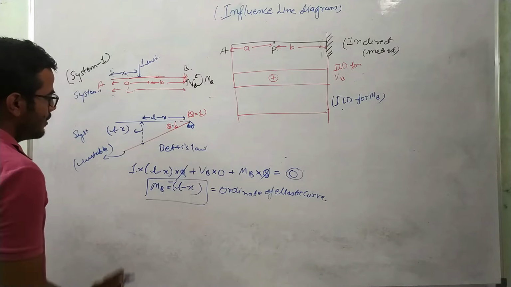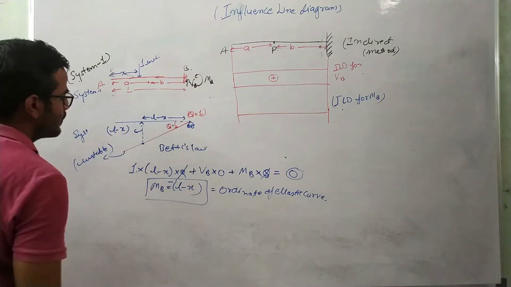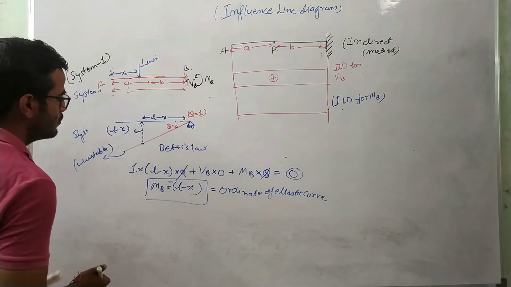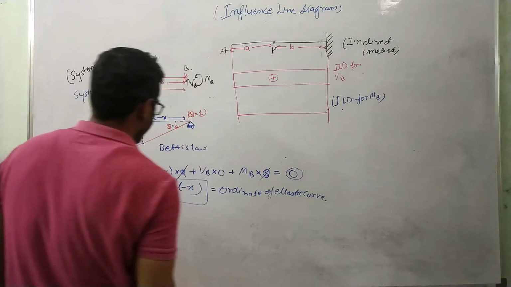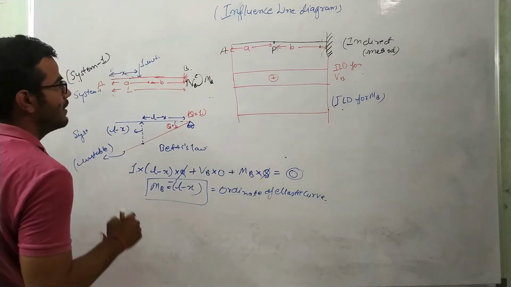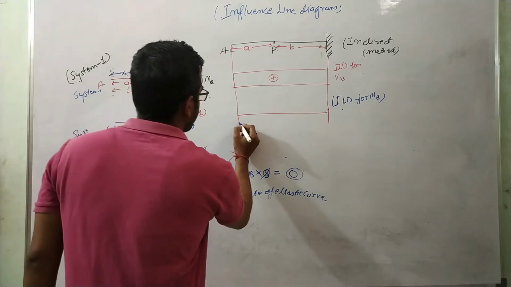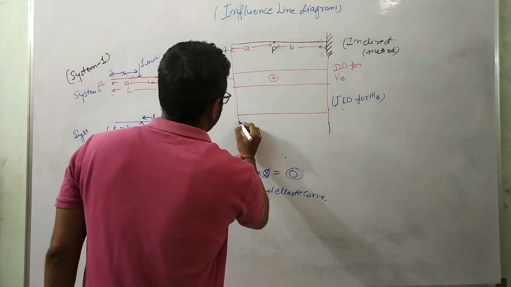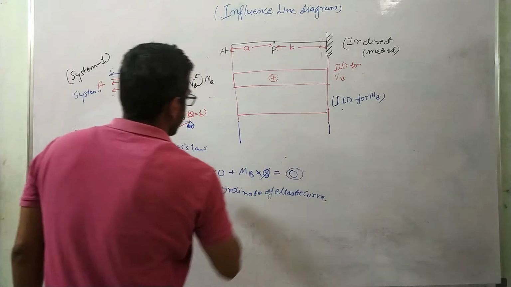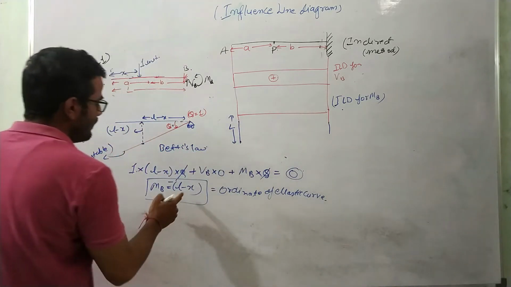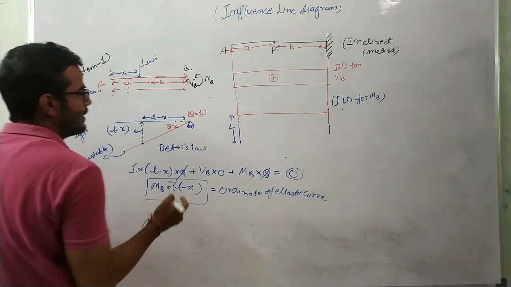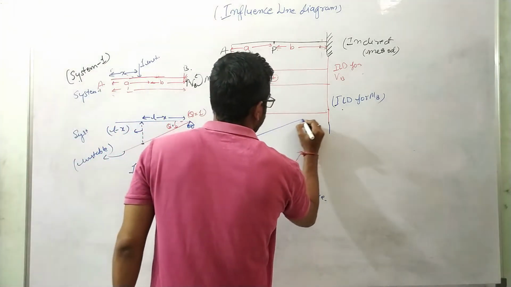So you can see that when x equals 0, what will be the value of MB? MB is nothing but L. And when x is equal to L, then MB is equal to 0, right?